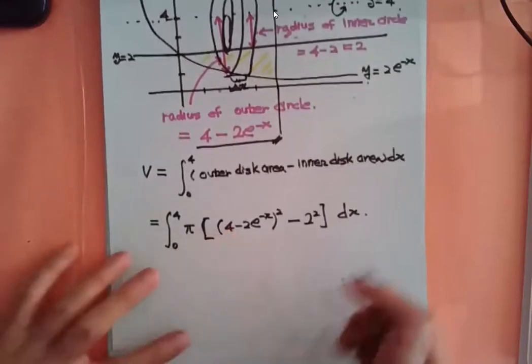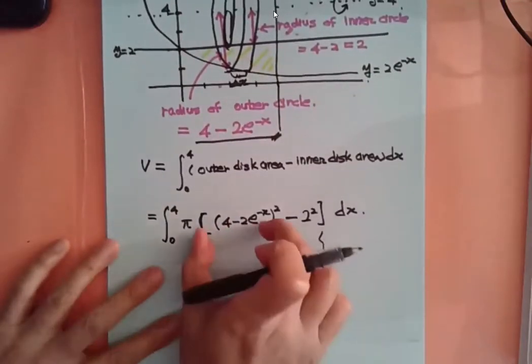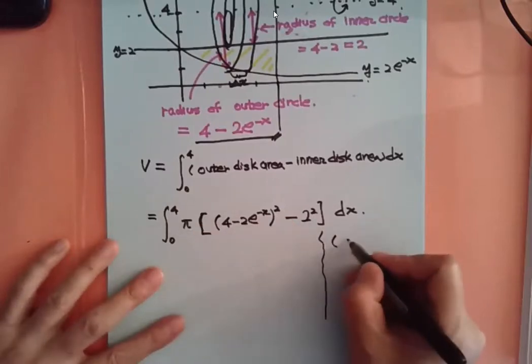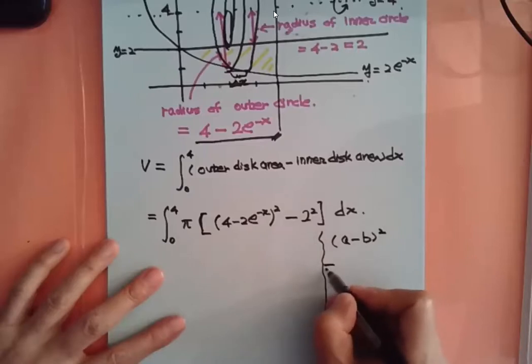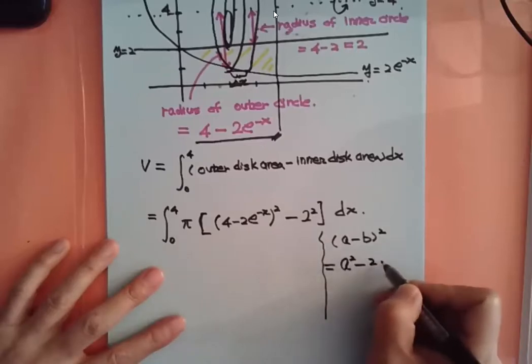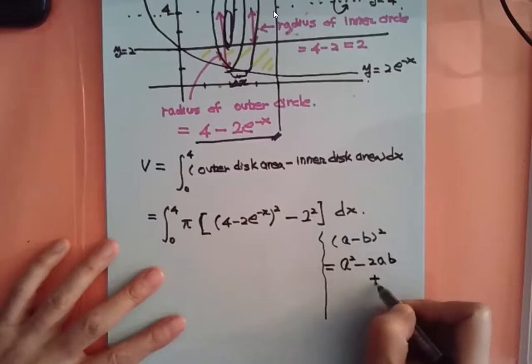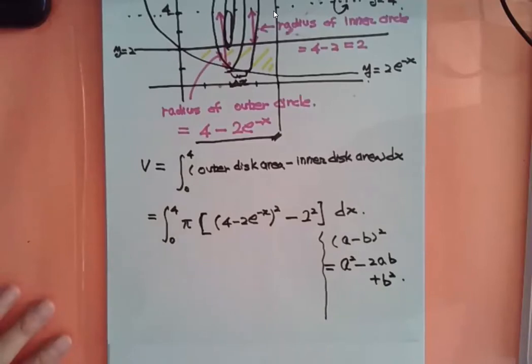If you forgot the formula for the expansion, then you can just FOIL. Otherwise, you can use the formula, which will be identical to what you obtain by FOIL. So a minus b squared is a squared minus 2ab plus b squared.